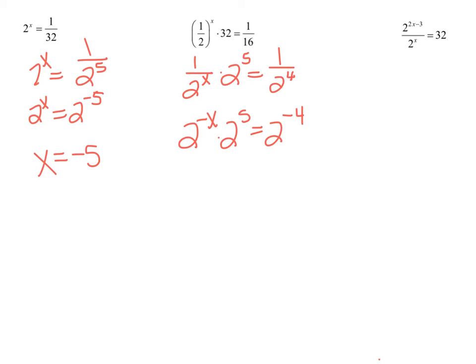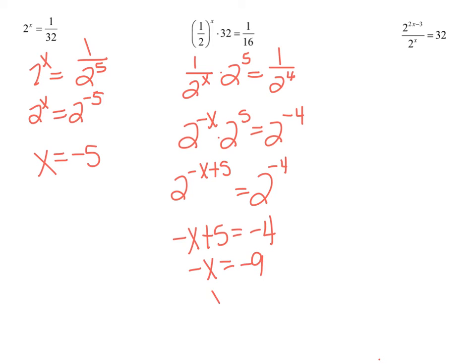So remember, when we are multiplying, we are going to be adding the exponents. So you're going to do negative x plus 5 equals 2 to the negative 4th. All right, do I have two things with the same bases? Yes, I do. So I'm going to set those exponents equal to each other. Negative x equals negative 9, x equals 9.